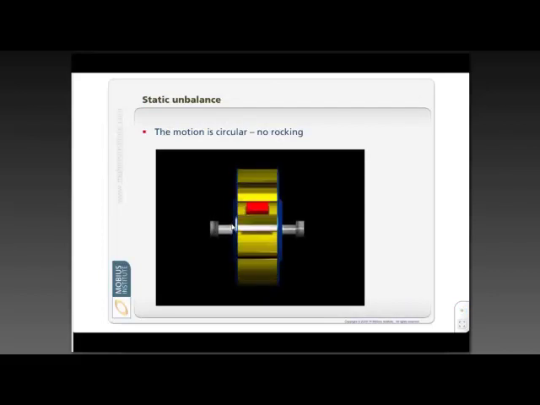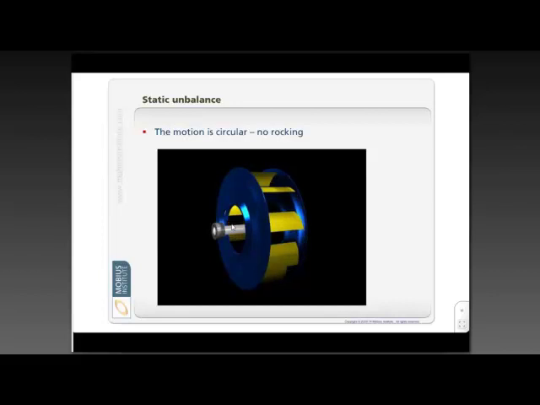Because, for example, if there was static unbalance, we would see, we're sort of looking at the rotor side on. The unbalance is making it want to move in a circular motion. Notice that both bearings are moving up and down at the same time. Phase tells me that.